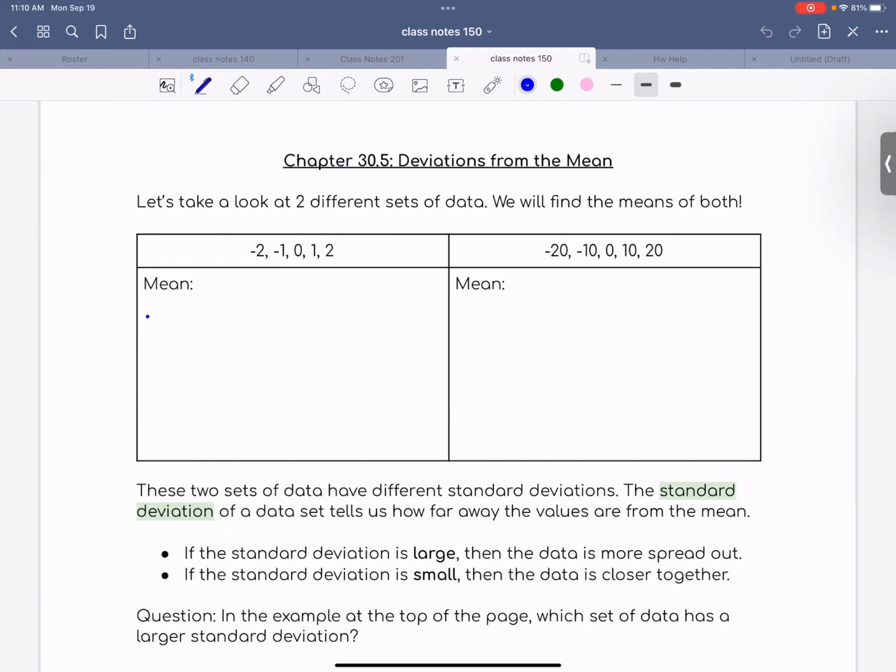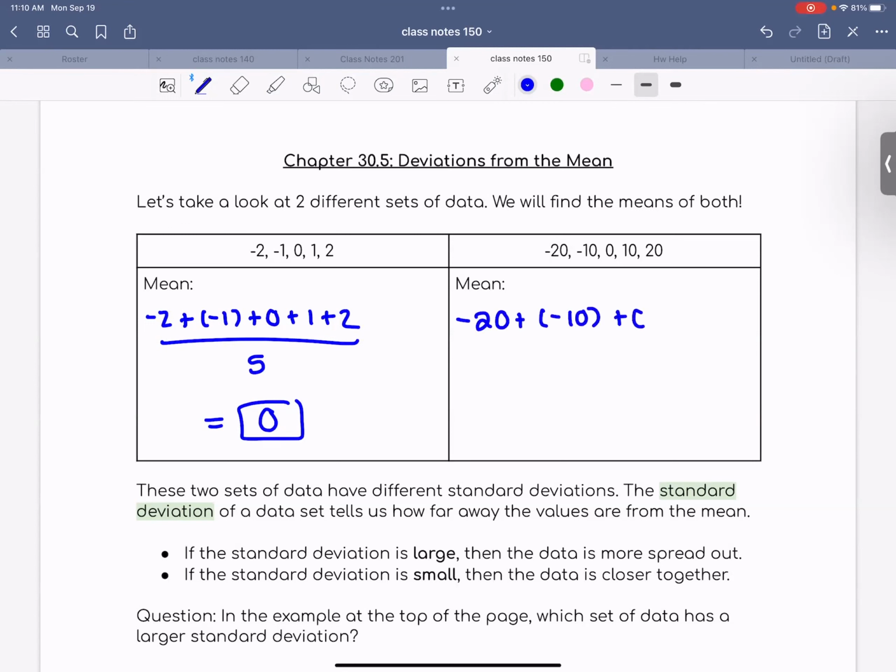So -2 plus -1 plus 0 plus 1 plus 2, all divided by 5 is 0. I can also do the same thing with the one on the right. I will take -20 plus -10 plus 0 plus 10 plus 20.